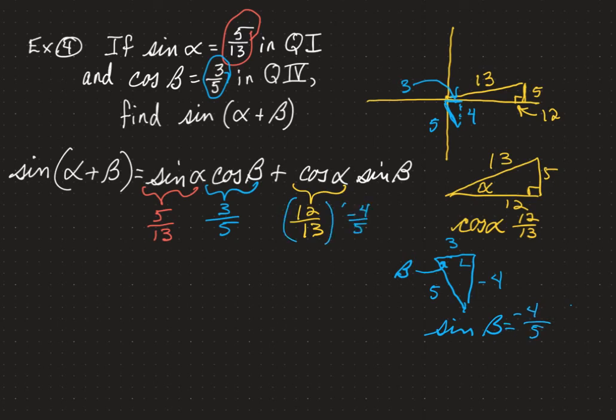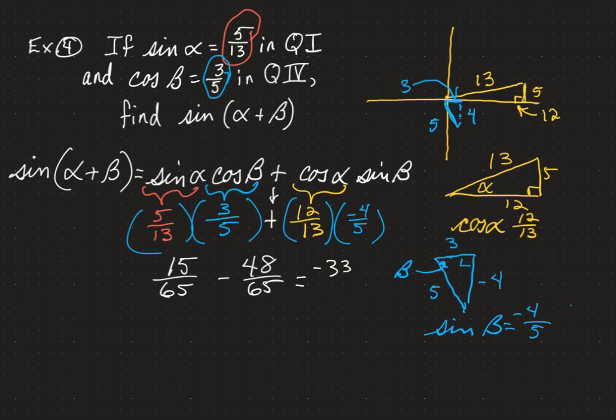These two are multiplied, and these two are multiplied, and right in between them we have an addition sign. It remains there. Okay, so if you do the multiplication, you get 15/65 minus 48/65, which is equal to -33/65. That's as far as you can reduce it. That is the sine of alpha plus beta.